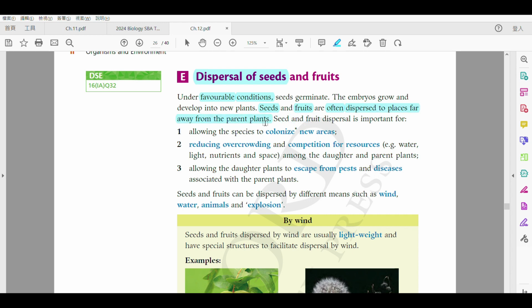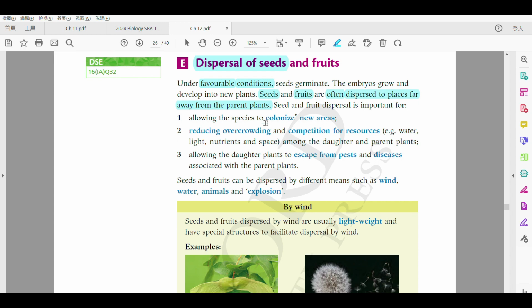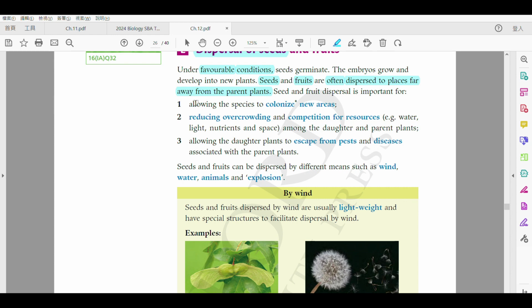This is the key line. We need to make sure that they are far from the parent plants. Why is it good? First, it allows them to colonize new areas.